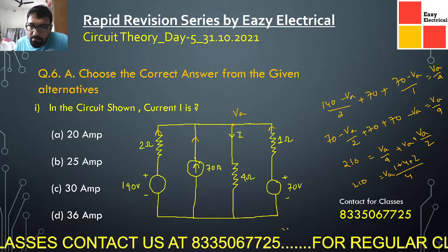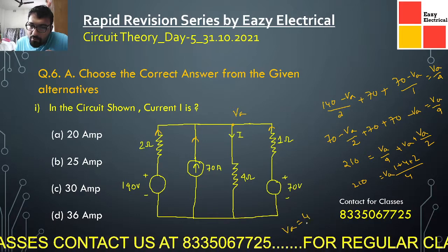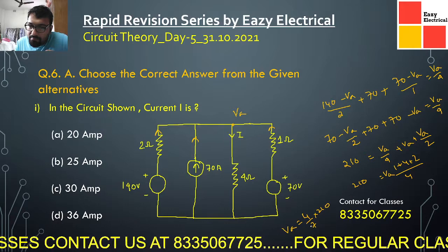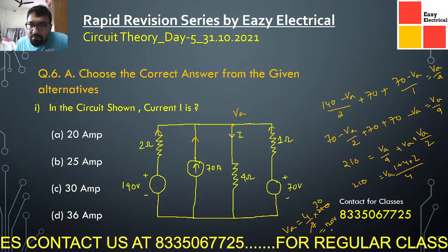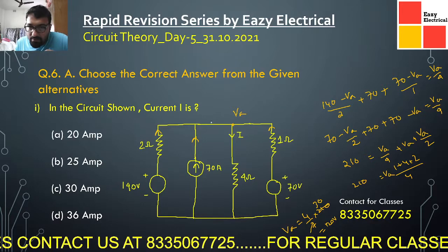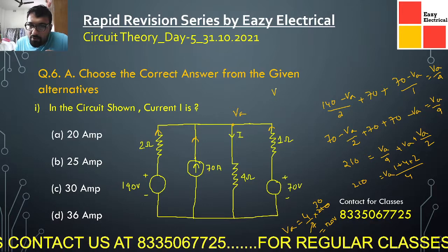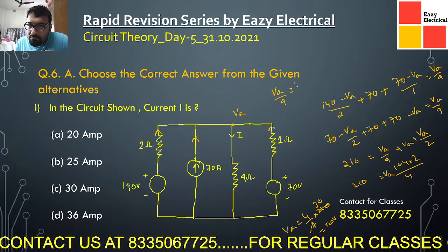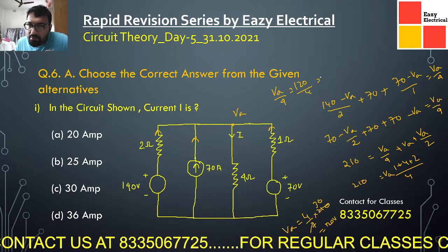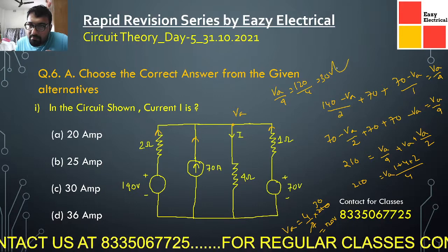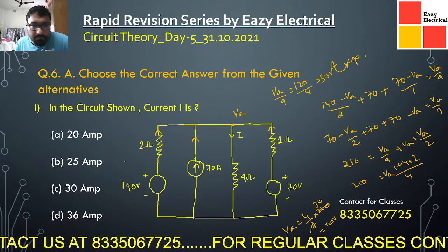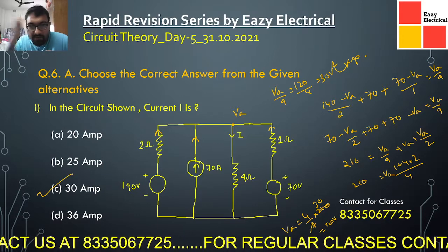So VA will be 4 by 7 into 210, that means 30 into 4, that is 120 volts. So 120 volts is VA, and VA by 4, that is 120 divided by 4, that is 30 volts, sorry, 30 amperes. 30 amperes is coming, right? 30 amperes will be the correct answer.